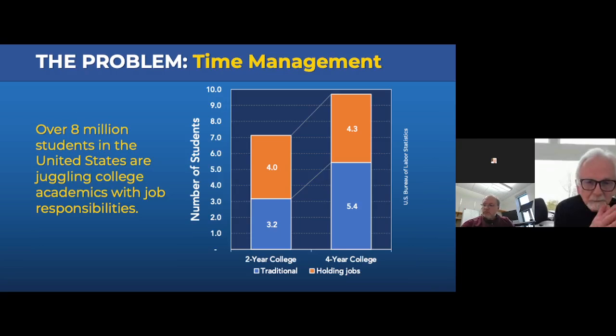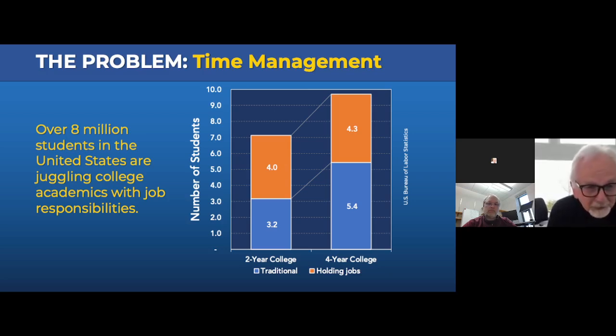And what we see, this is data from the U.S. Bureau of Labor Statistics, is that depending if you're a 2-year college or a 4-year college, a large percentage of our students are working as they're trying to advance themselves in education. I don't think the institutions often acknowledge that. I was a first generation student.